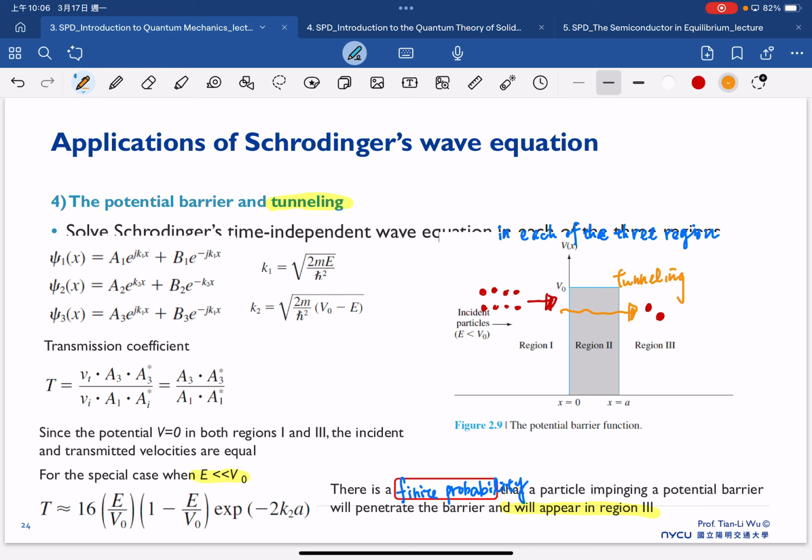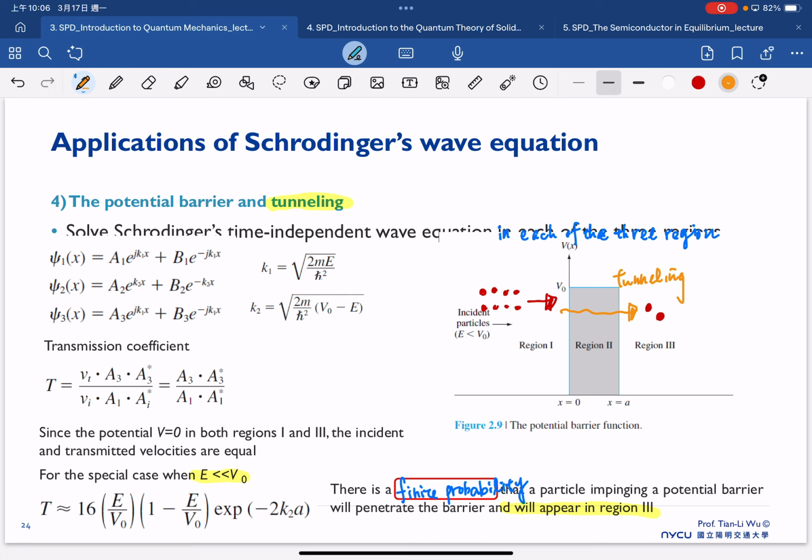This is also another difference between quantum mechanics and conventional Newtonian physics, because in classical physics, we never have a concept like tunneling.